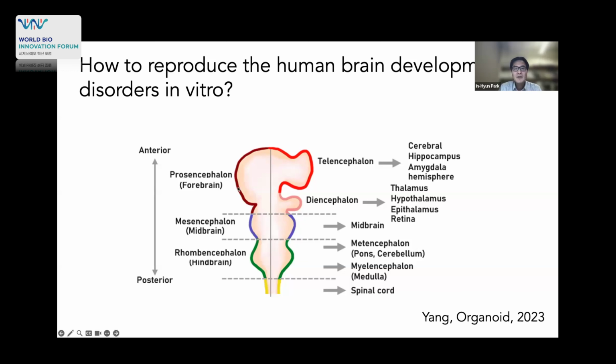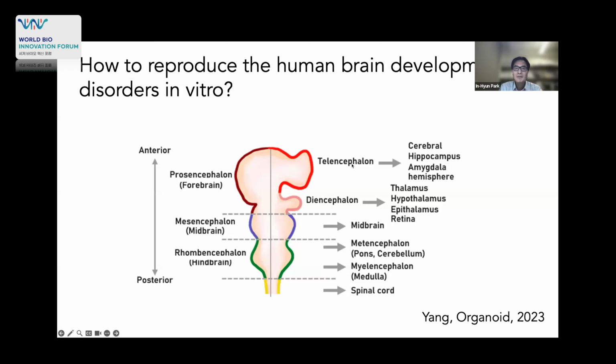Especially in the early embryonic stage, primary vesicles arise from the neurulation stage. There are the telencephalon, diencephalon, mesencephalon, metencephalon, and myelencephalon, which represent the different parts of the brain in adults. For today's talk, I'm going to focus on two areas, the telencephalon and the diencephalon.